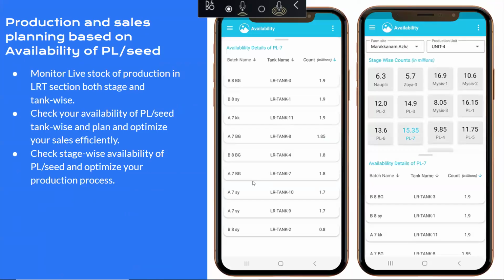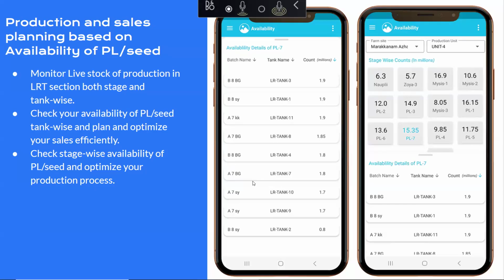Now they can do a lot of work with production planning. Once a hatchery manager opens his app and sees the availability, he will see in which tank how many million of seed is available. He will discuss it with his sales technician, and he will say, in the next few days we are going to be producing around 2 million of seed.